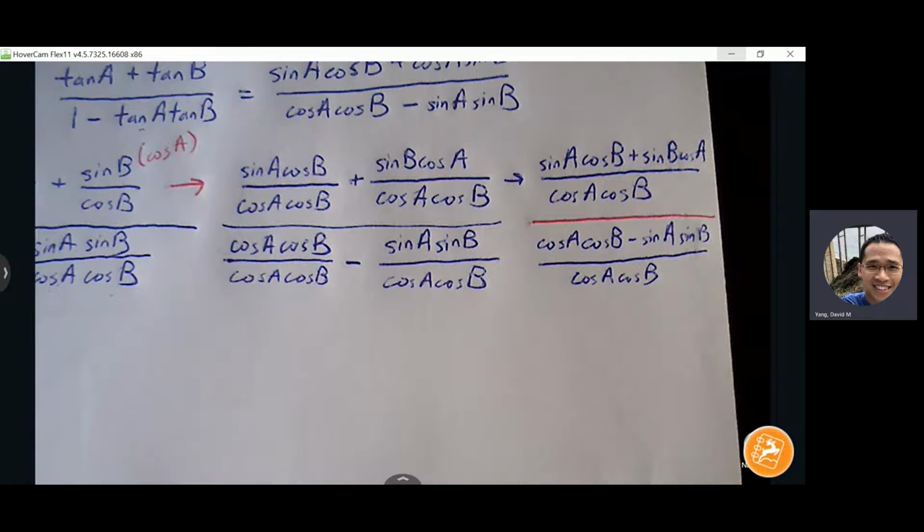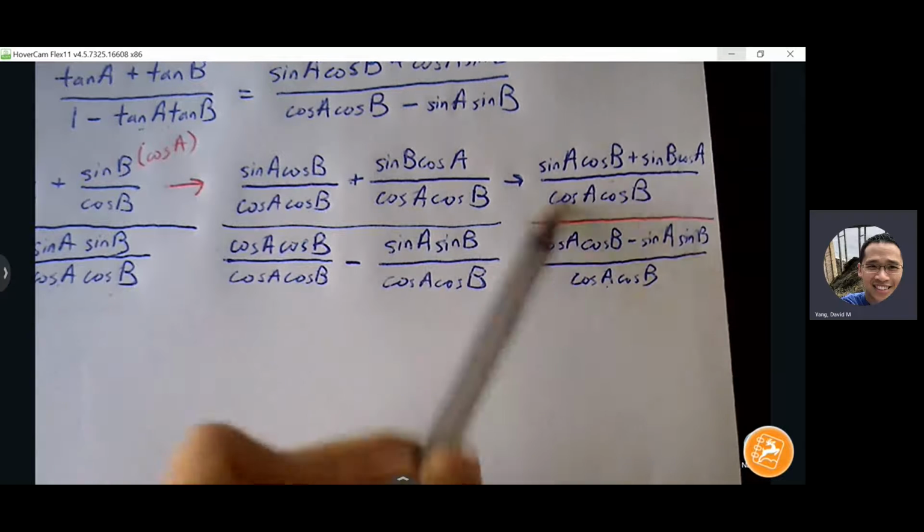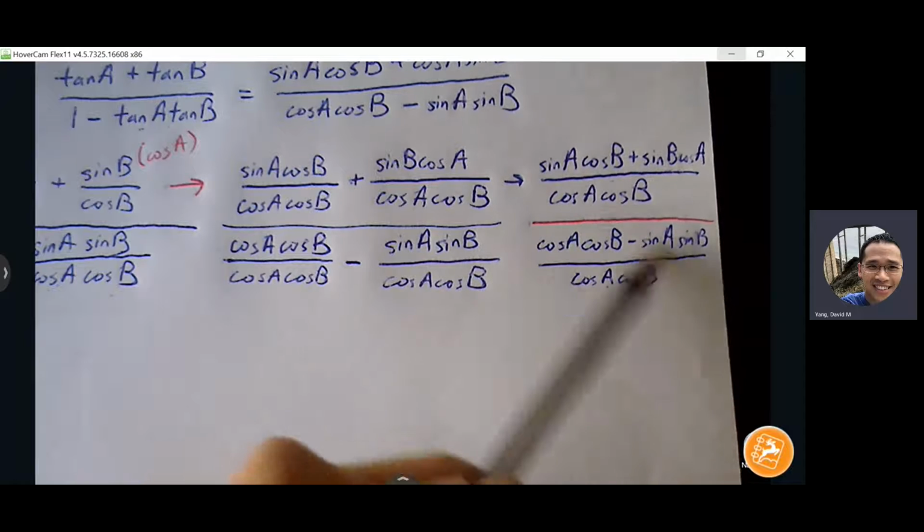Now that I have a fraction divided by a fraction, what can I do? Multiply the numerator by the reciprocal of the denominator. So this divided by this is the same thing as this multiplied by the flipped denominator.